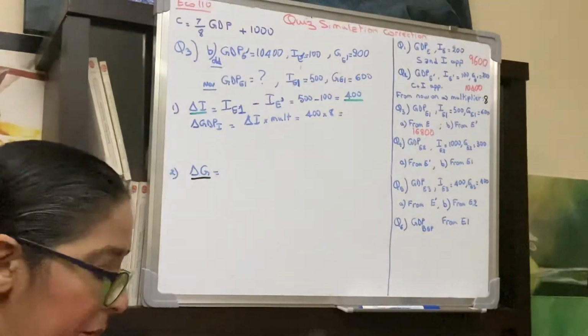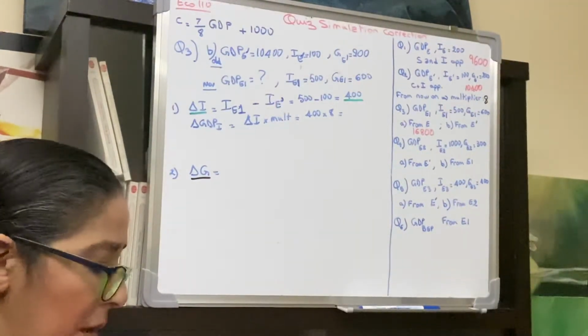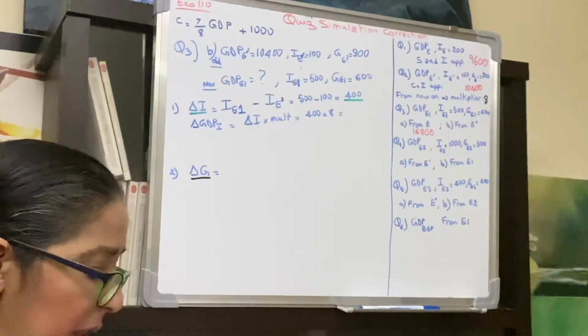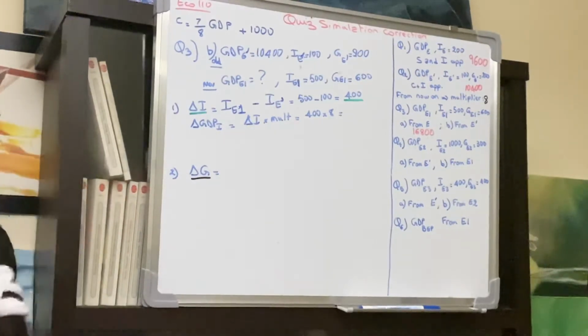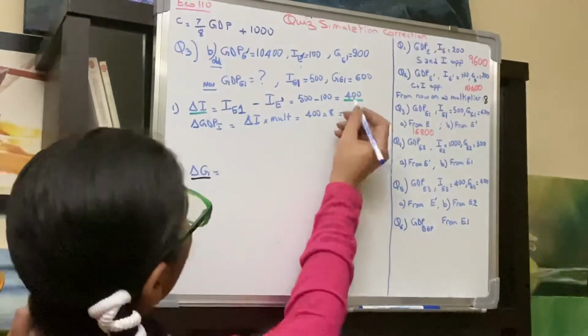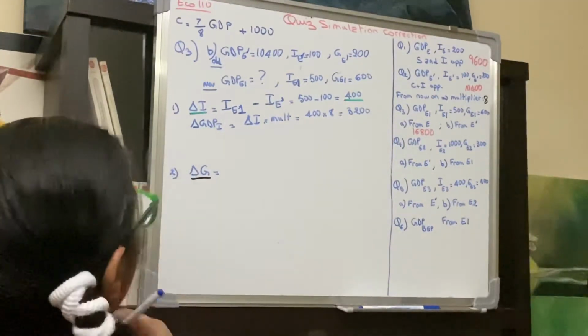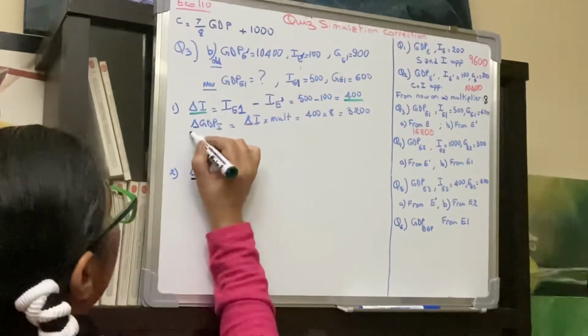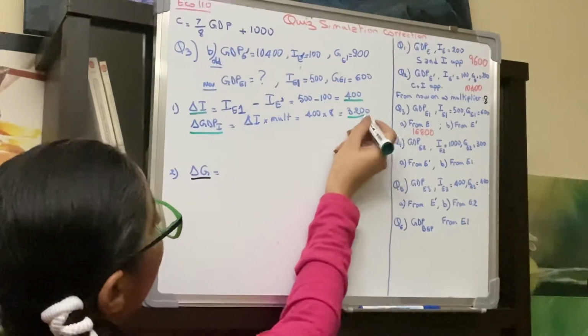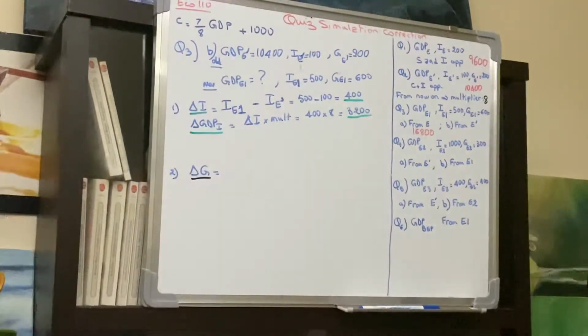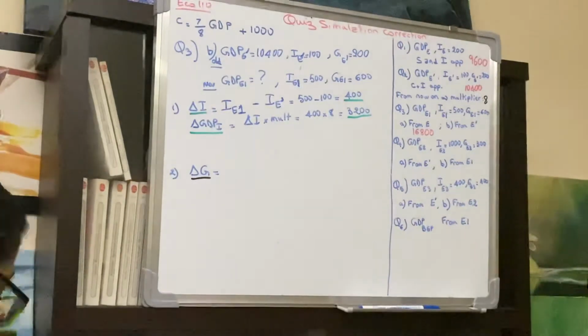Calculator: 400 times 8, 3,200. And that would be your delta GDP due to I. Okay? I'm trying to use less space.